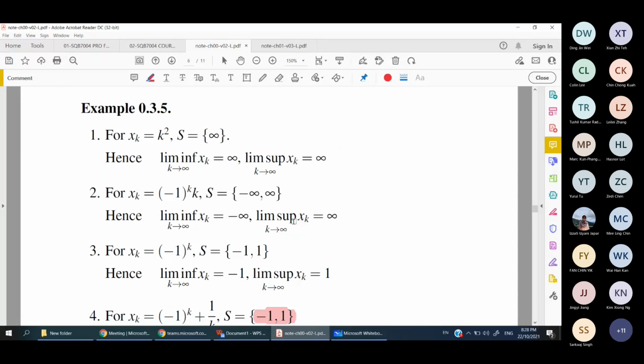Infinity, infinity: in this case, the limit is equal to infinity for xk. The second one is minus infinity, infinity, so this one, the limit does not exist.